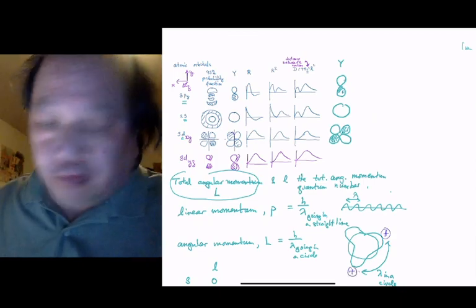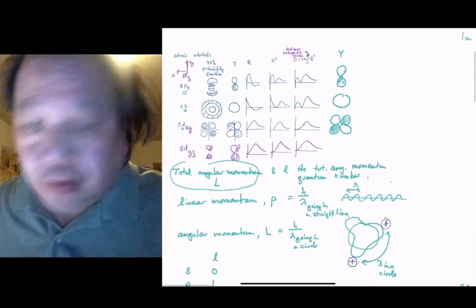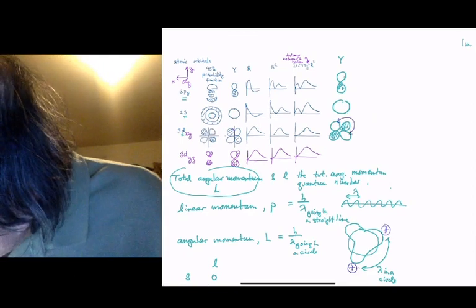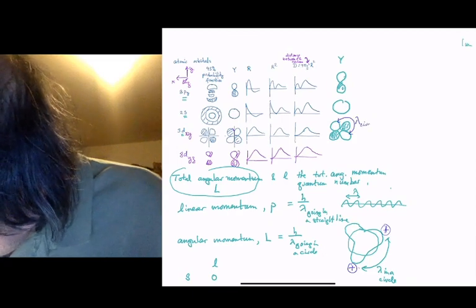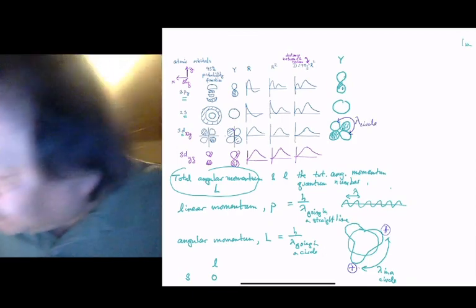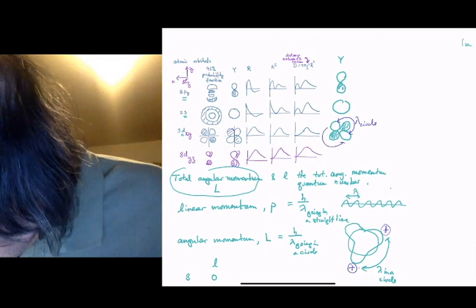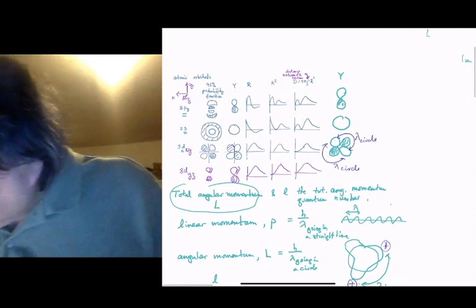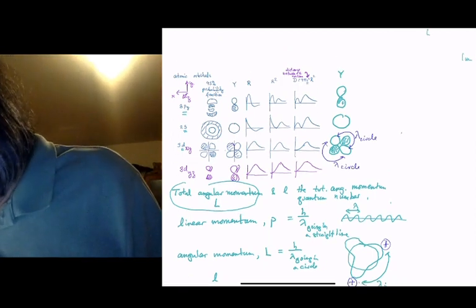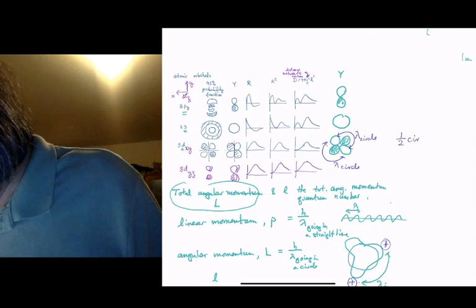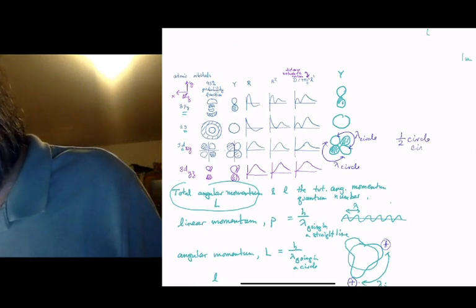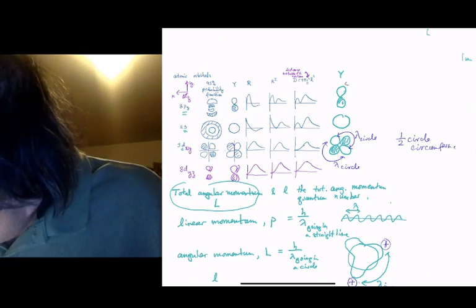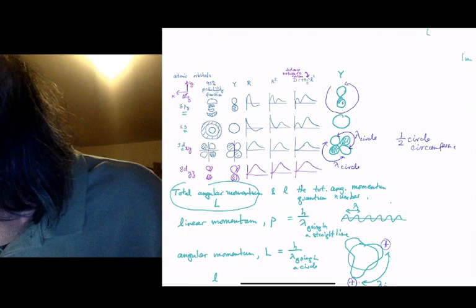It's how much it takes to go from positive to positive, from crest to crest. That's the wavelength. So here, that is a lambda in a circle because we're going from plus to plus in the wave. There's another lambda in a circle. And so the wavelength in this case for the 3D is 1/2 the circle circumference. Here for P, it's positive, it goes negative, it takes all the way here.